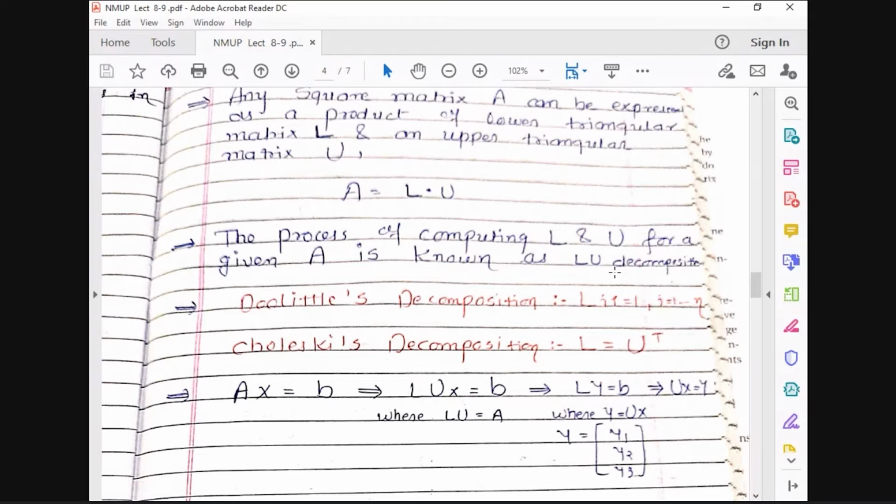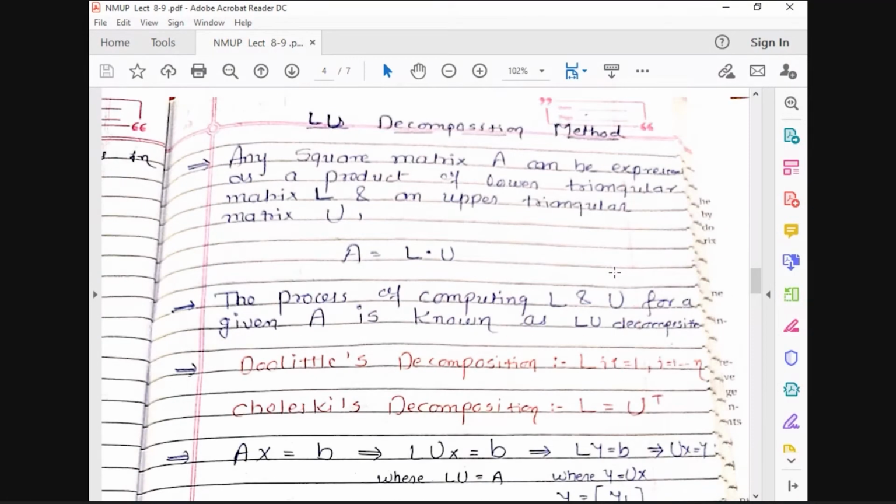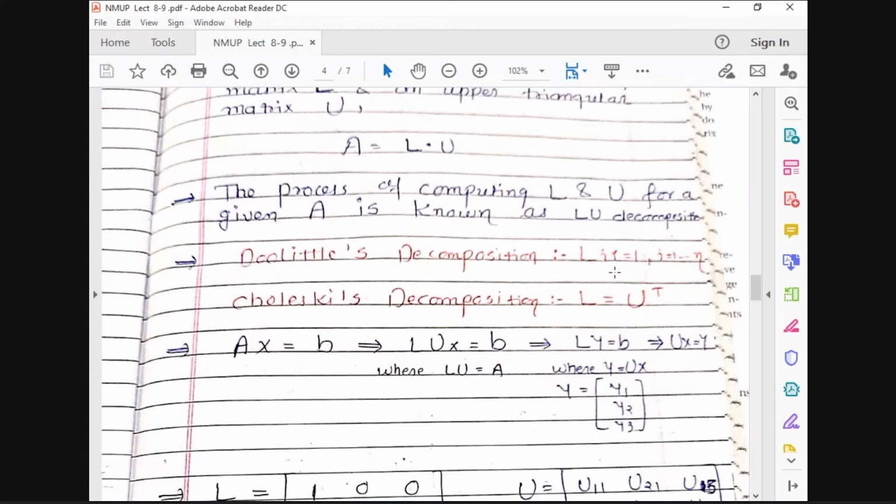In our Gauss elimination method, a limited number of unknowns are there, only x, y, and z. If multiple unknowns are in the system, then how to find out the solutions? So for that, we are using this lower upper decomposition method, right?